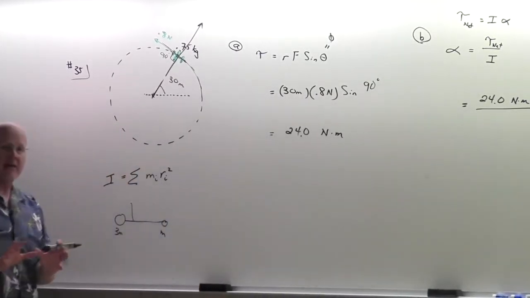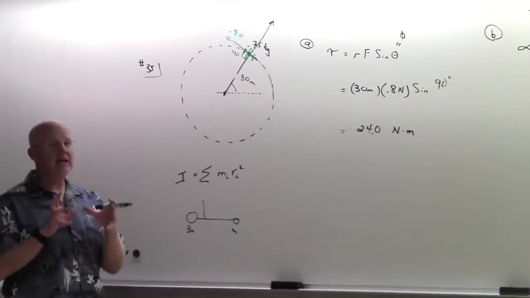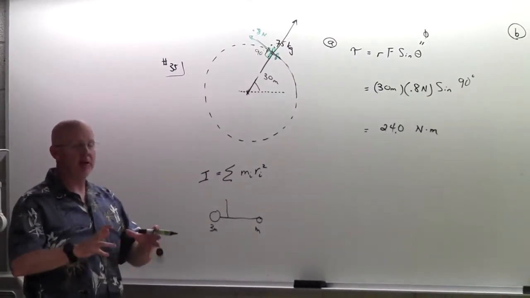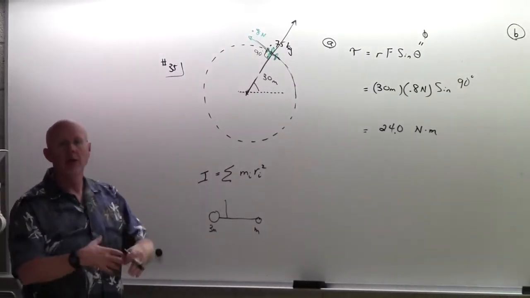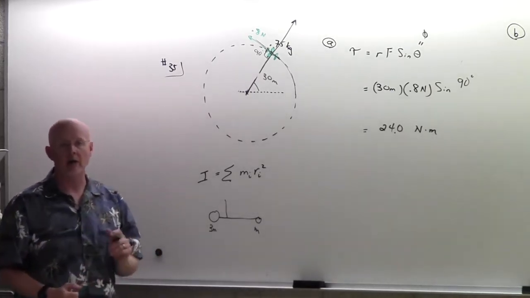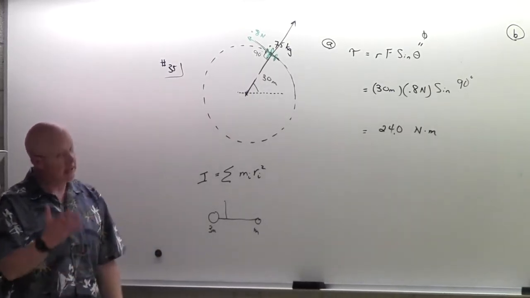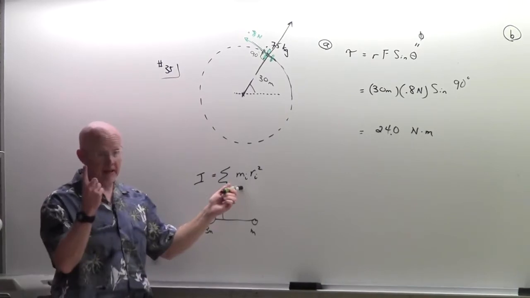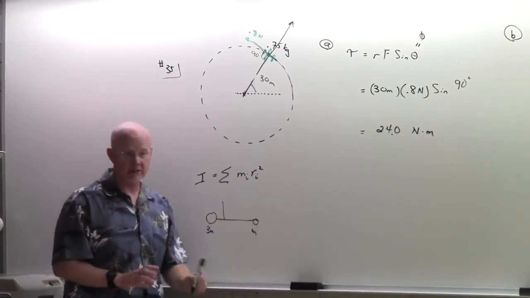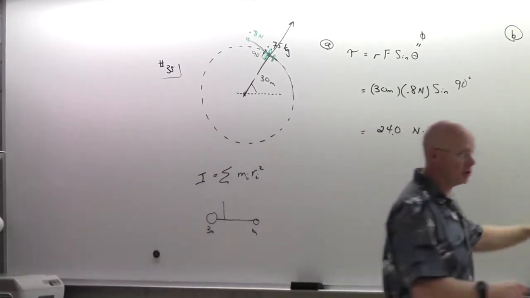So I'm going to take that as a license to say he's really saying treat this airplane as a single blob that is 30 meters out. That makes it real easy. I've got one mass to add up at one distance. Piece of cake to get the moment of inertia.